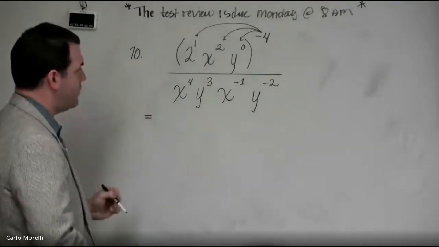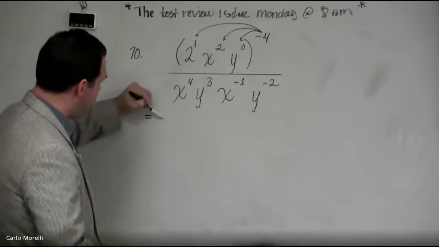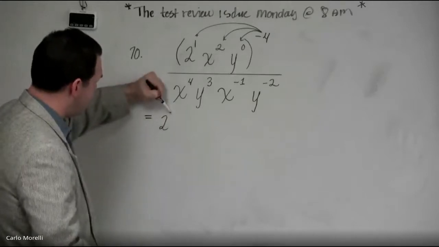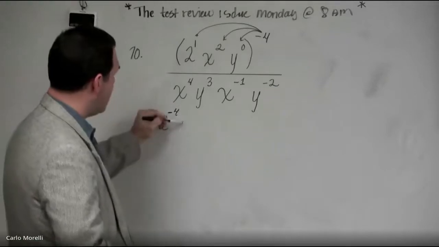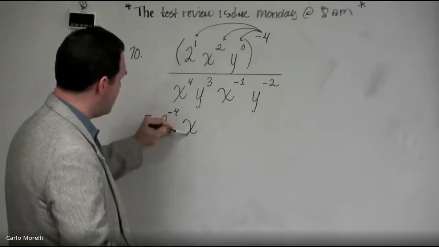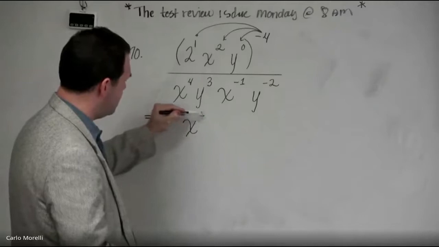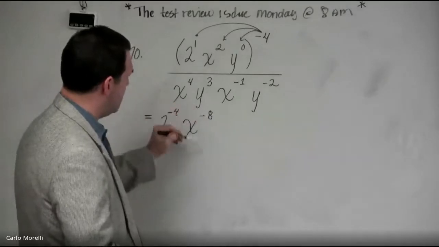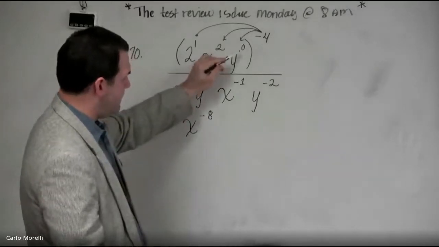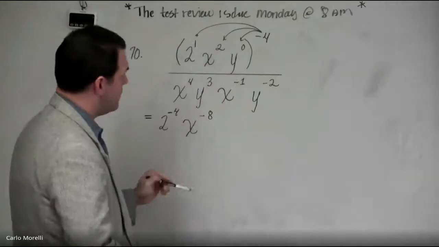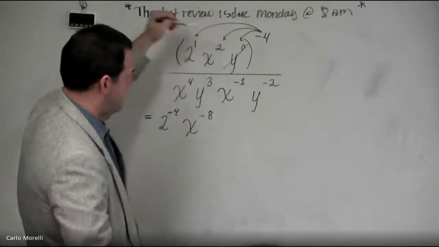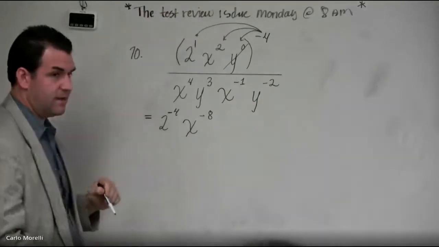So for my numerator, I'm going to have 2 raised to the negative fourth power, x raised to the negative eighth power, and then y raised to the 0 times negative 4 is still 0. So this is going to be just a 1, so it can kind of be canceled out.